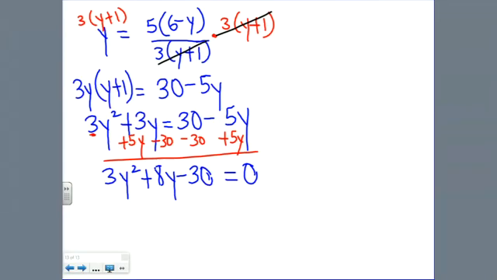Now, I'm not sure that this quadratic equation can be factored, so I'll use the quadratic formula instead. So we have y equal to our quadratic formula.